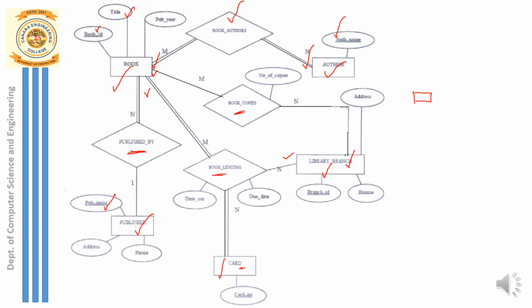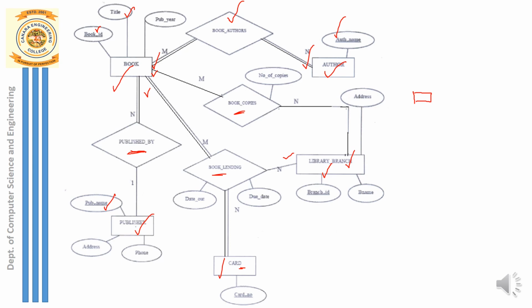Okay, so you can note there are several other things also specified within the ER diagram. What is it? You can see this M, N, or you can see 1:N. What is it called? It is the cardinality ratio. You can see here the first cardinality ratio mentioned, that is 1:N. What is the meaning of this? A publisher should be publishing several books, right?